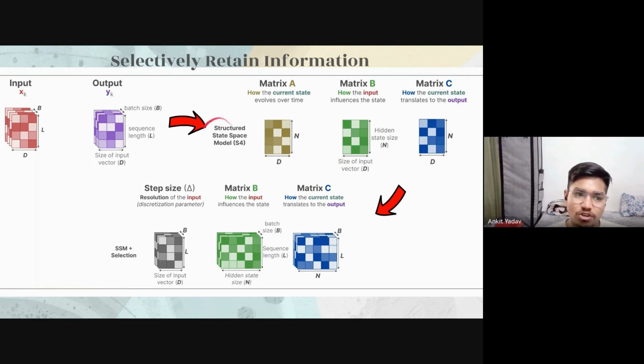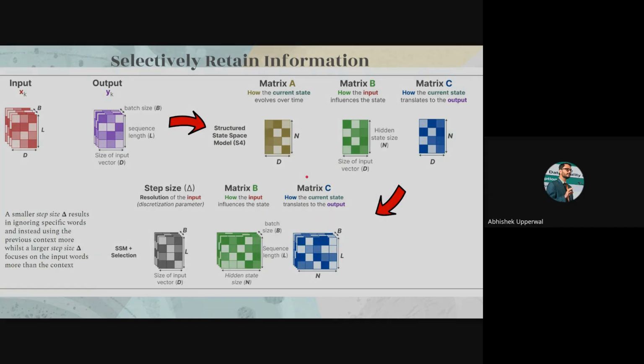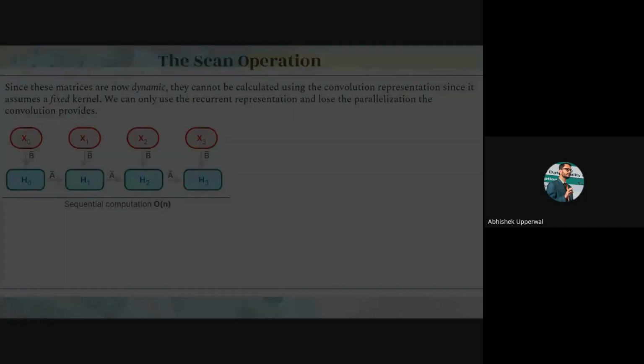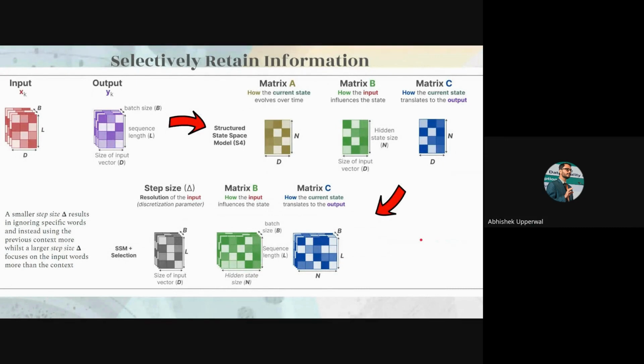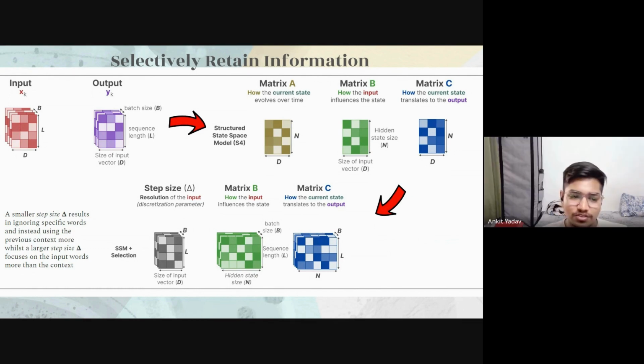Even though previous knowledge is captured, it is not directly reflected in xt. That was the issue. So say B has to be dynamic and you have added a new dimension of sequence length, so this becomes a three-dimensional tensor now. And this is learnable now.